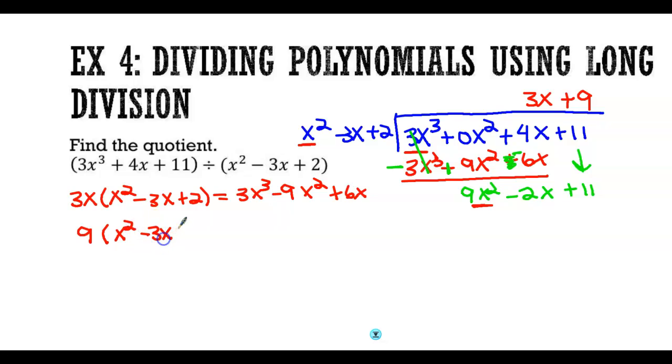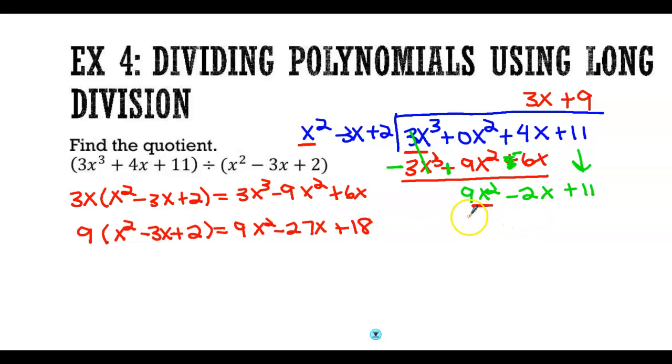Minus 3x plus 2 equals 9x squared minus 27x plus 18. You're probably wondering where that 18 came from. 9 times x squared is just 9x squared. All right. Minus 27x plus 18.